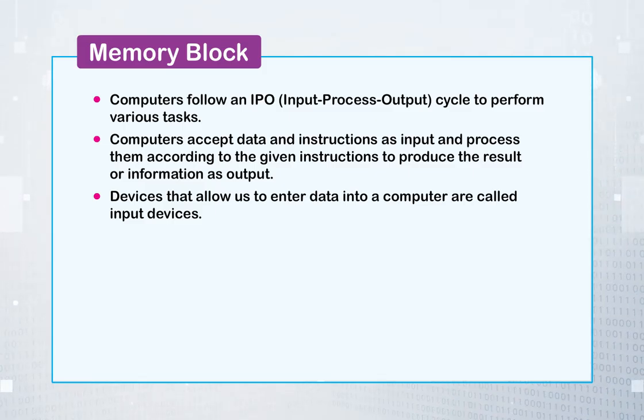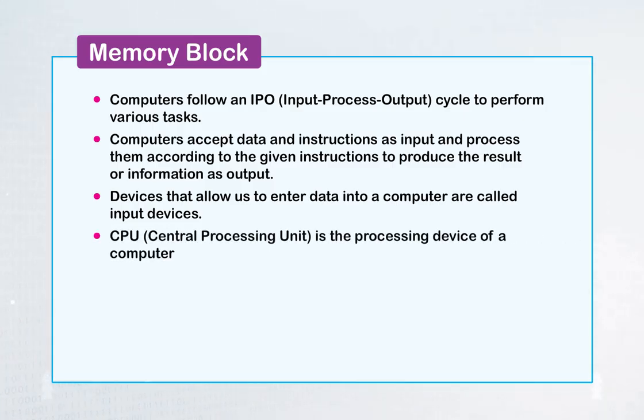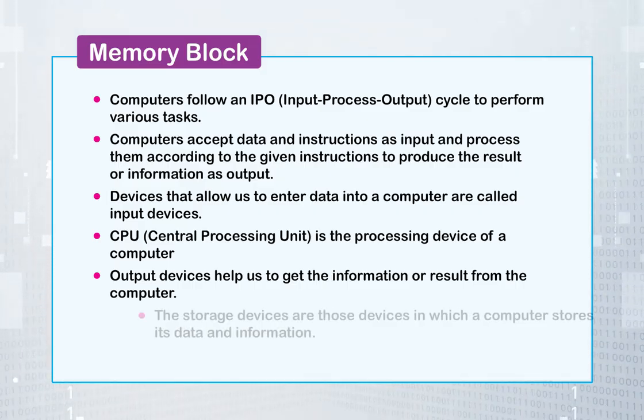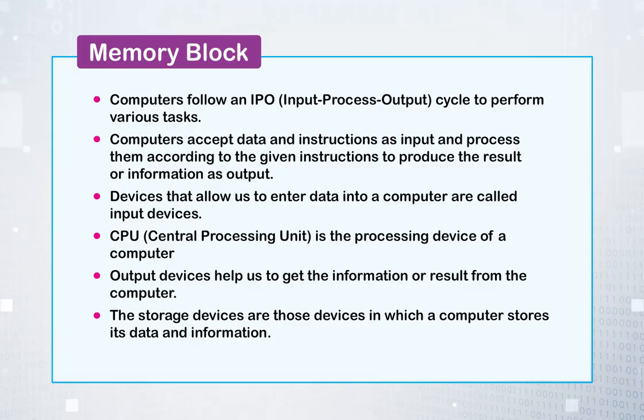Devices that allow us to enter data into a computer are called input devices. CPU, Central Processing Unit, is the processing device of a computer. Output devices help us to get the information or result from the computer. The storage devices are those devices in which the computer stores its data and information.